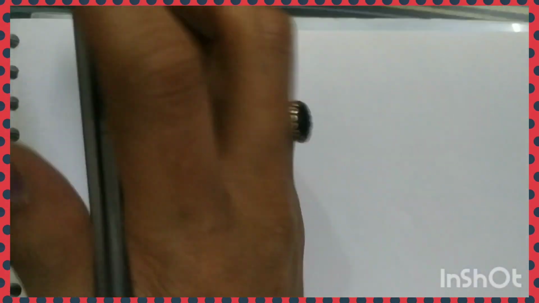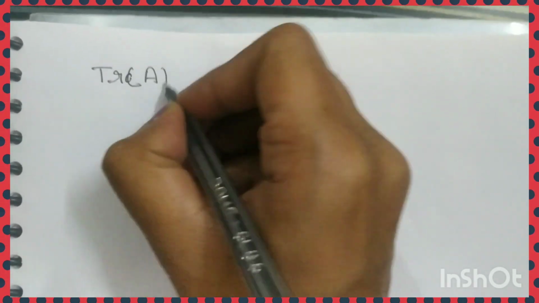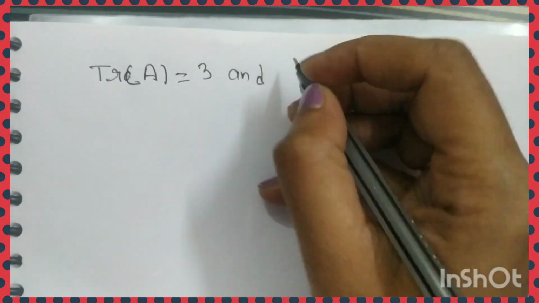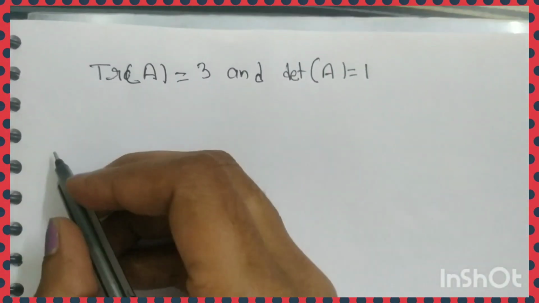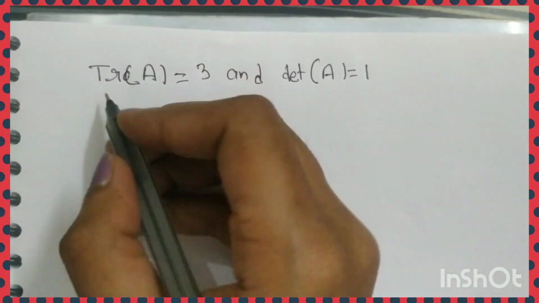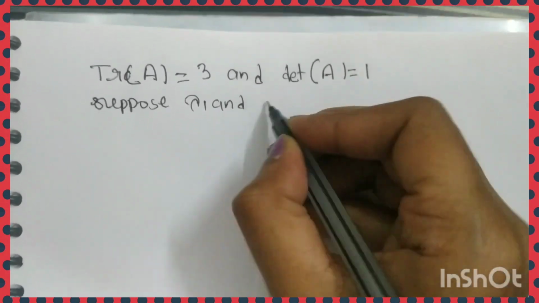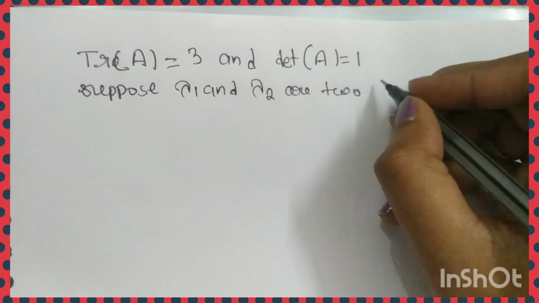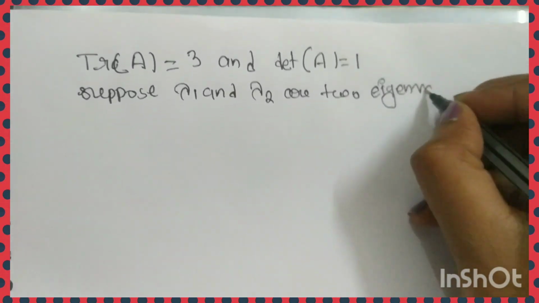So what is given here? Trace of A दिया हुआ है 3 and determinant of A दिया हुआ है 1. ठीक है. So suppose lambda 1 and lambda 2 are two eigenvalues.